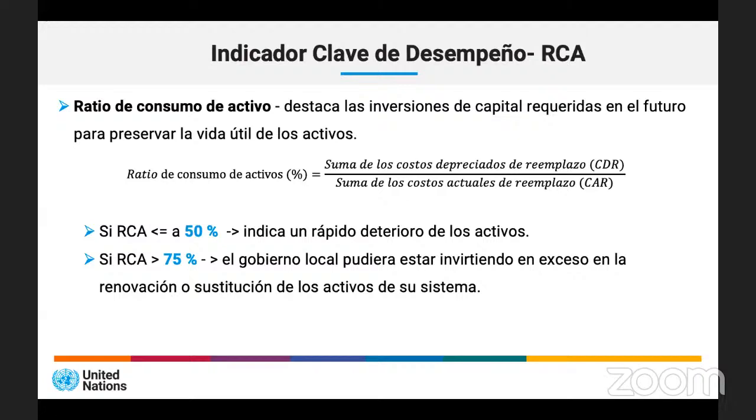So these ratios between 50 and 75 are taken from the Institute of Public Works Engineering in Australia, and are outlined in the Australian Infrastructure Financial Management Guidelines for local governments.